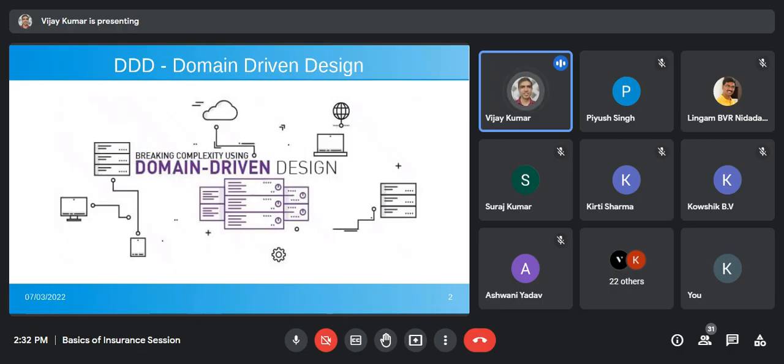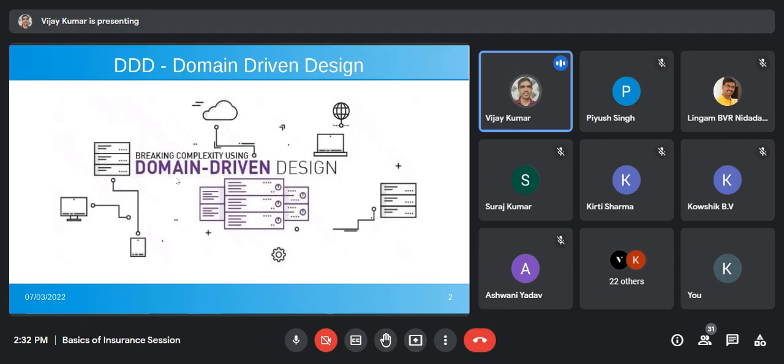Property and casualty, we call it P&C. All the insurance products which have a similar domain structure are grouped together, and they are developed together. Their database tables are the same. Their class entities, details, everything is the same.